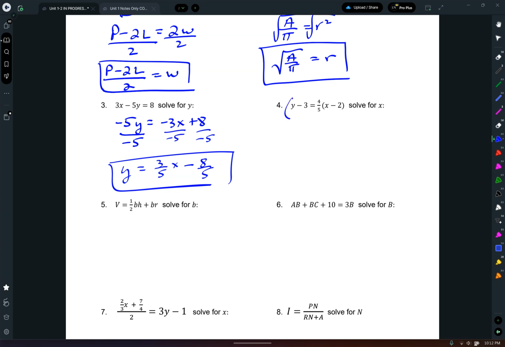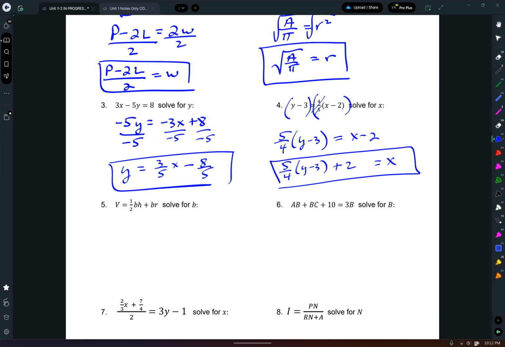If I multiply this side by 5/4, I've got this. And if I multiply this whole thing by 5/4, it's going to cancel that fraction, and all I have is x minus 2. So if I want to solve for x, I could just add 2. X equals whatever 5/4 times y minus 3 is, plus 2. Remember what I said, it doesn't matter how ugly the other side is. As long as you get that variable by itself, you're done.